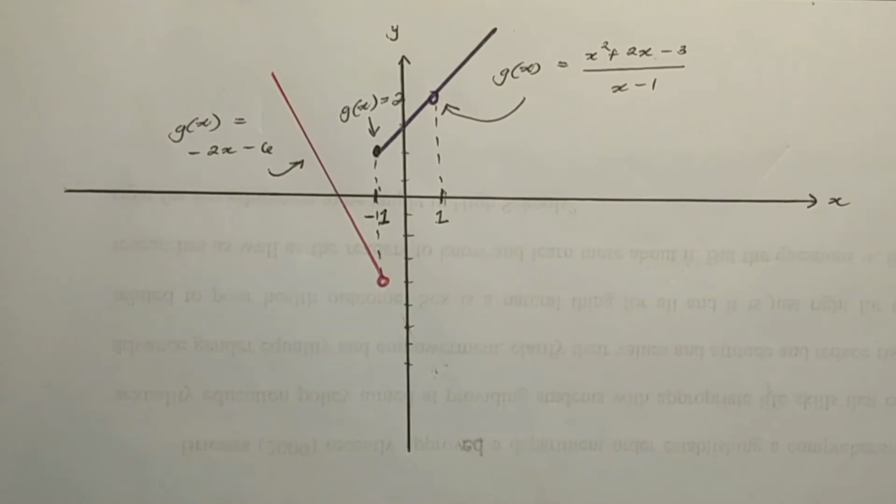Okay, so for the second example, we are given g of x, a piecewise defined function. Here's the graph of g.